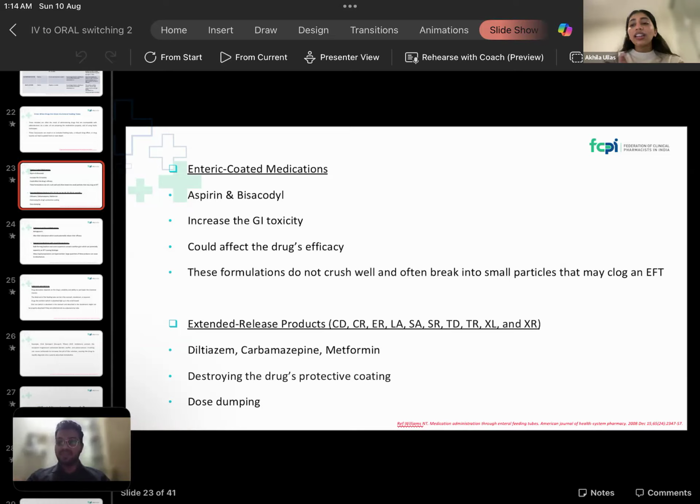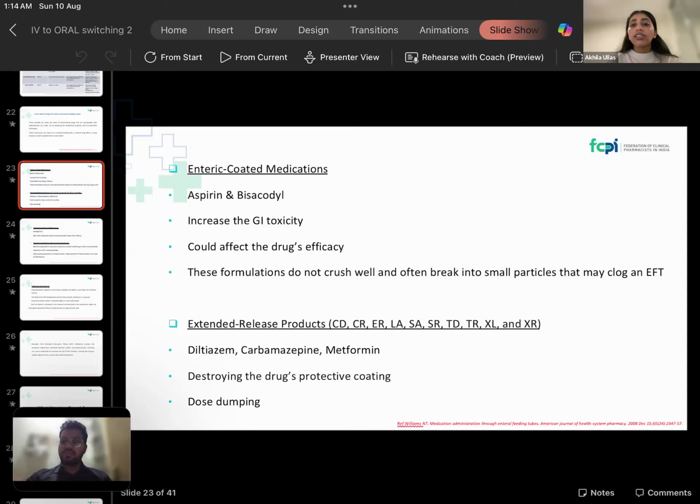We can't say you can't give without crushing, because in critical care the patient's condition is like that, and we don't have other specialized forms for these. In India, some of the forms are not available. So this is one of the barriers. Sometimes you need to crush it.